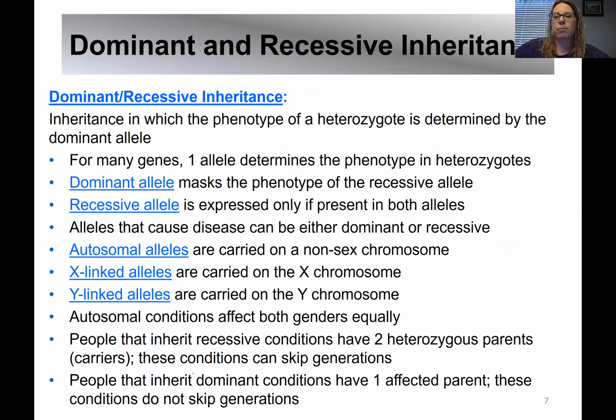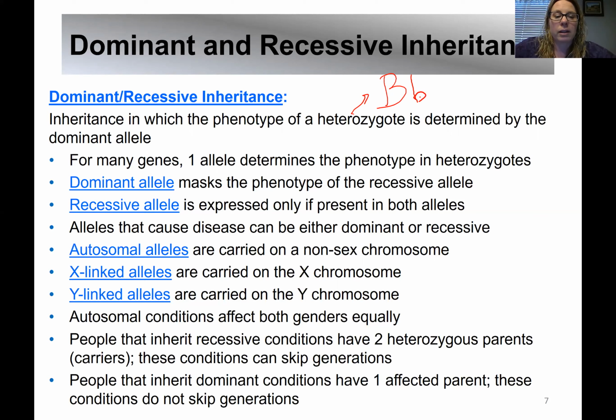Okay, so as you've probably learned in general biology before, in high school or wherever, you've probably learned about dominant and recessive characteristics, or dominant and recessive alleles or traits. Okay, so remember, if a person is a heterozygote, they're going to have two different alleles. Uppercase is usually referring to dominant, lowercase refers to recessive.